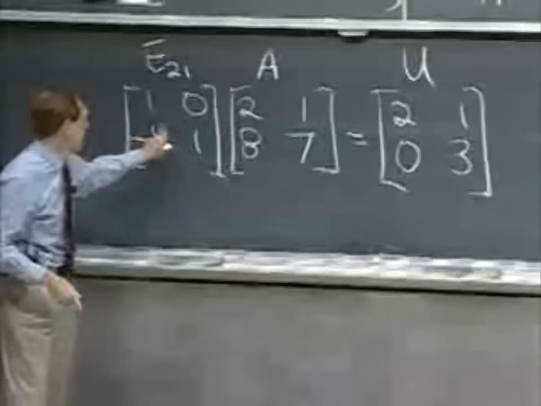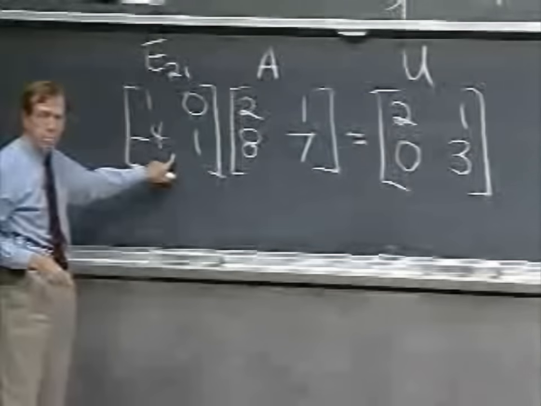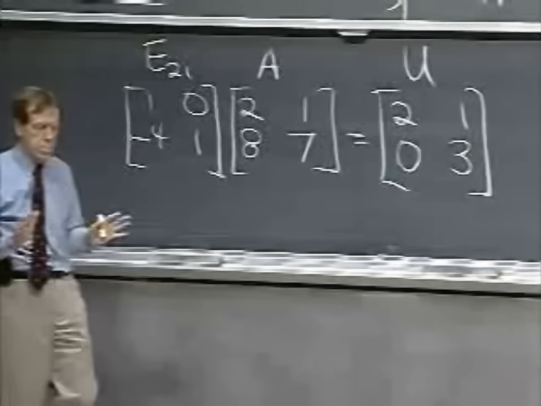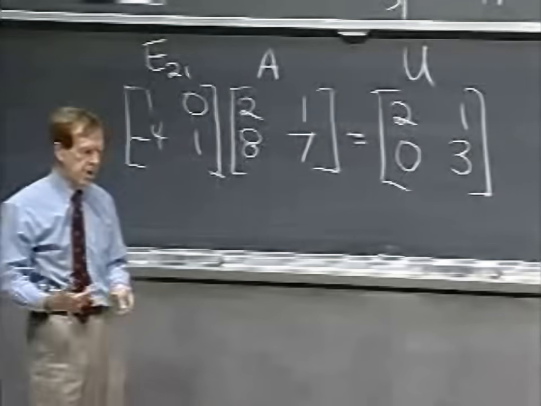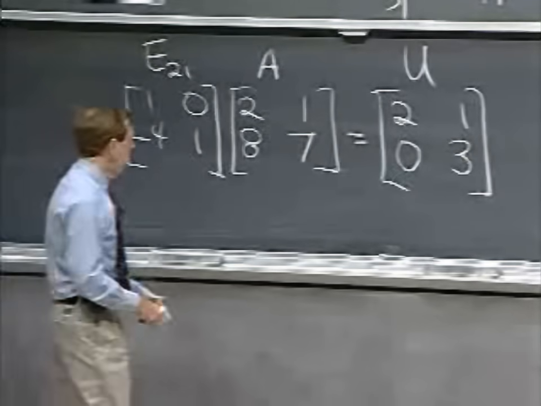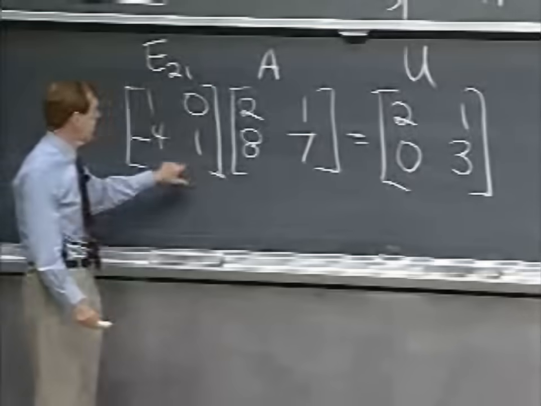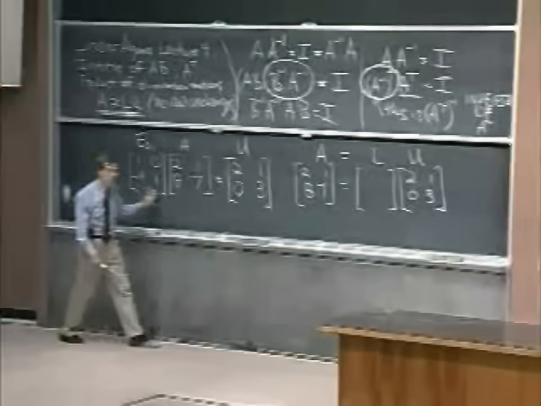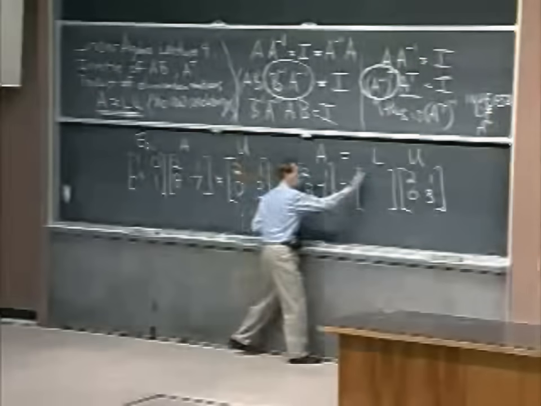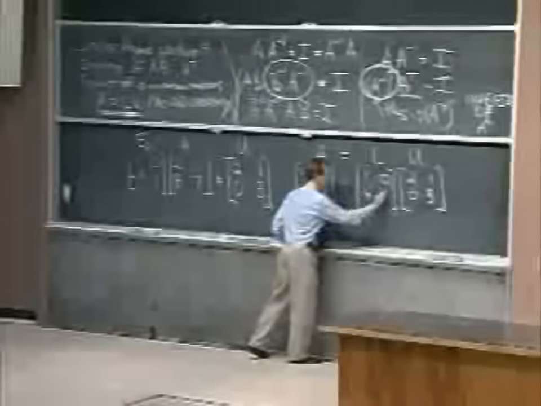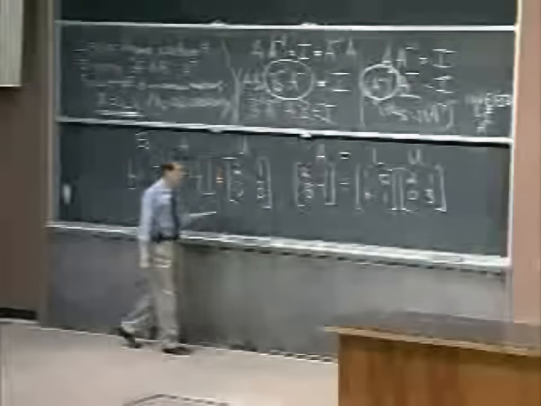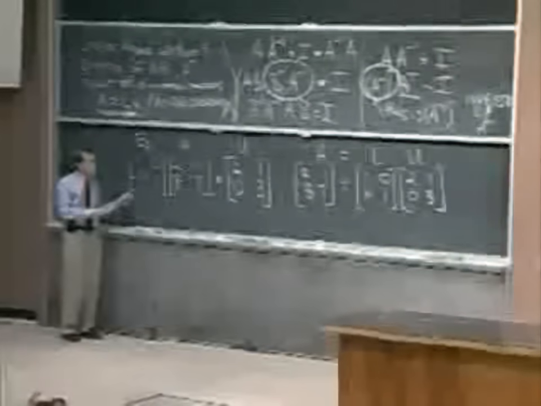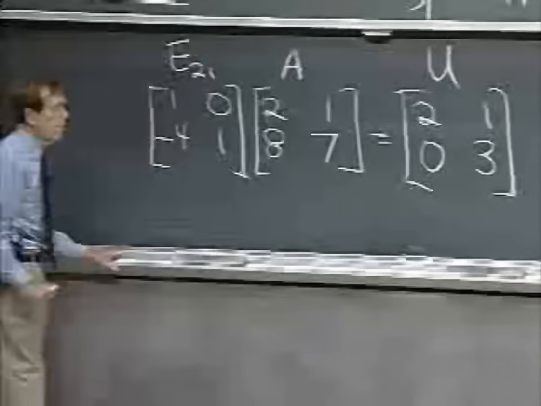So what is the inverse of this? Remember that those elimination matrices are easy to invert. The inverse matrix for this one is 1, 0, 4, 1. It has the plus sign because it adds back what this removes.